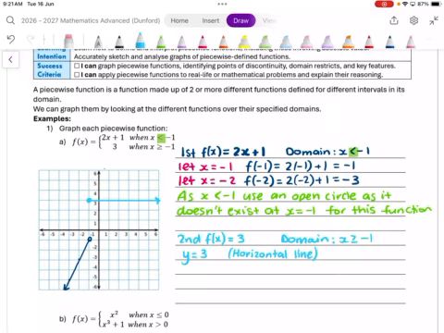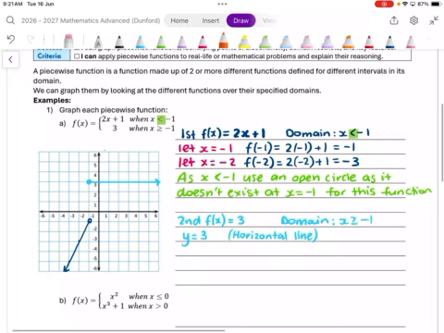Do I need to write something about doing a closed-in circle? As x is greater than or equal to minus 1, use a closed circle, as it exists at x equals minus 1.